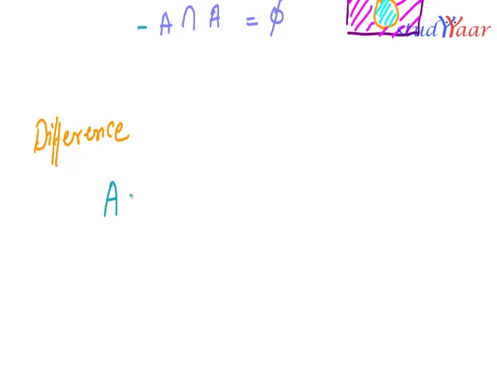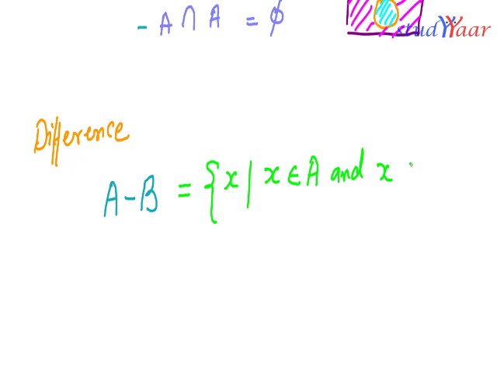I say the difference of A and B, or the difference of A with respect to B, is defined as follows, where X belongs to A. X is an element of A and X is not an element of B. So all such X's are part of the difference of A and B.